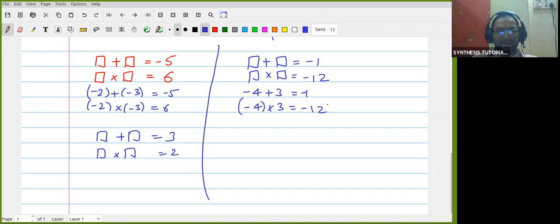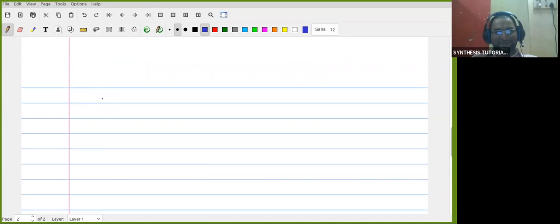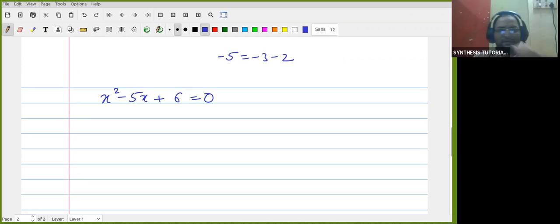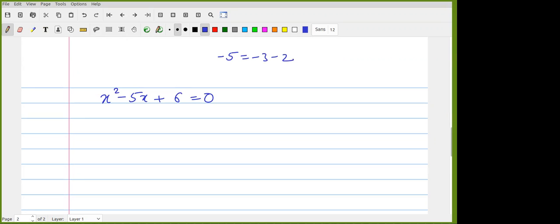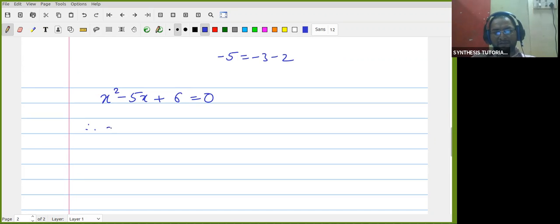Let us start with the very first problem which we had taken as an example, which is x square minus 5x plus 6 equal to 0. As you rightly said, -5 we can write as -3 -2. Yes or no? So I can rewrite -5x as -2x minus 3x.